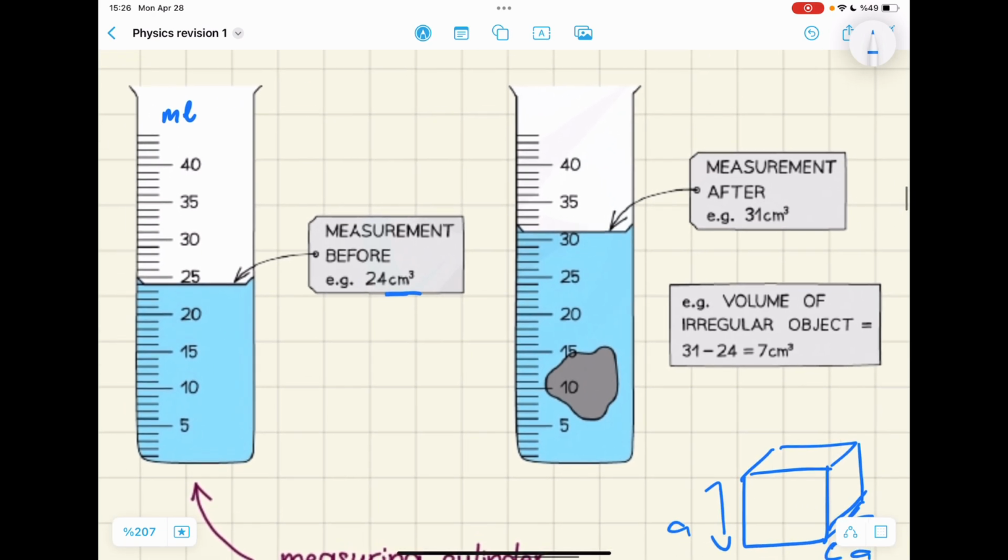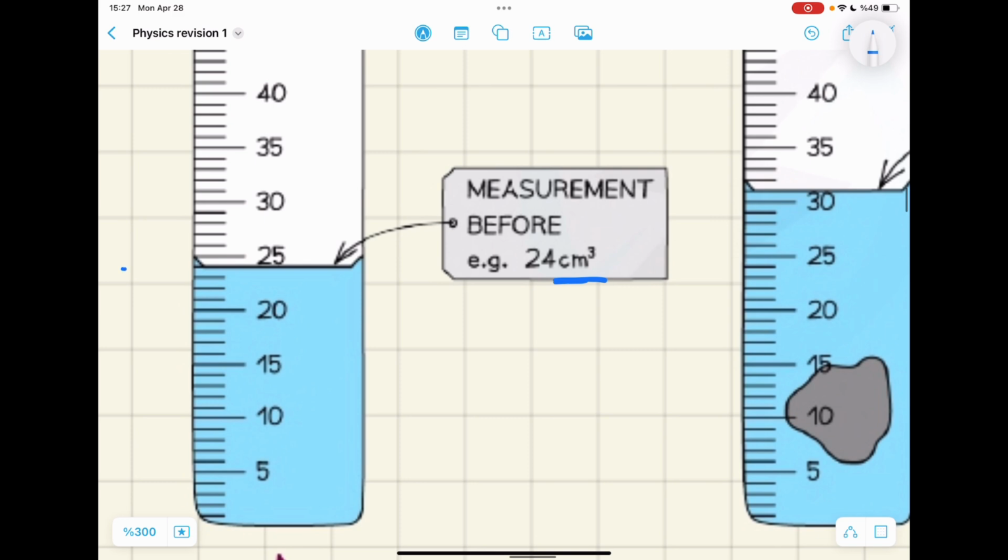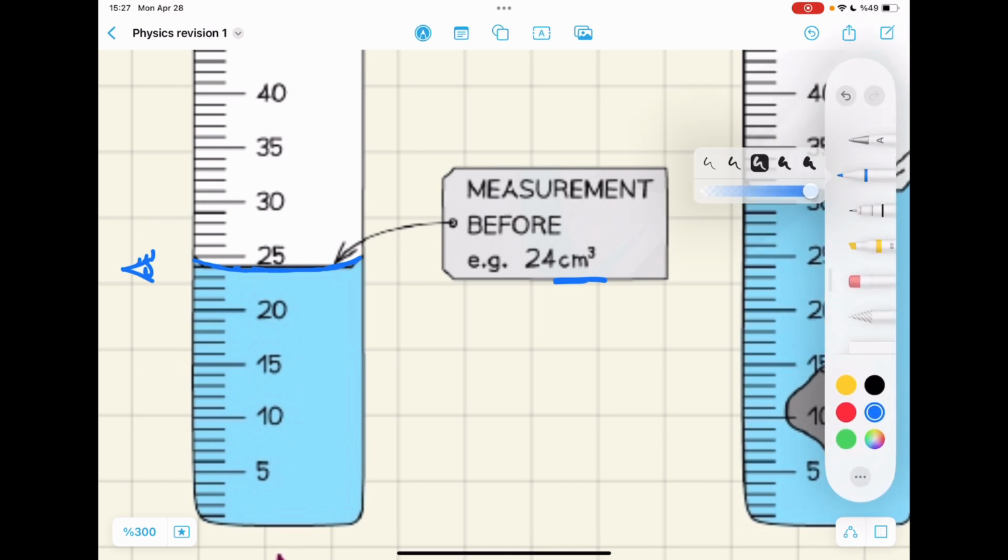So, for example, oftentimes you need to describe how to measure an irregular object with the help of a measuring cylinder. Here, usually you will have a certain amount of water that you will add inside of the first cylinder which you are beginning at, and you will measure the length here, avoiding the parallax error, which means you will be looking at the eye level of this measuring cylinder, and you will also have something called a meniscus, and you will be measuring from the lower part of that meniscus.